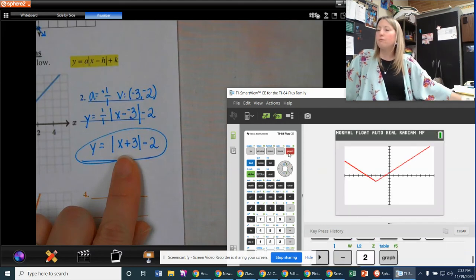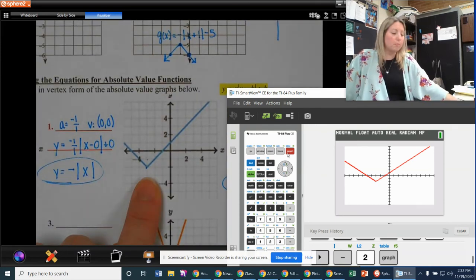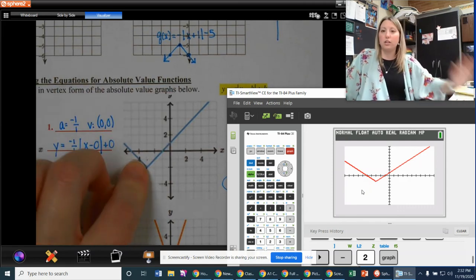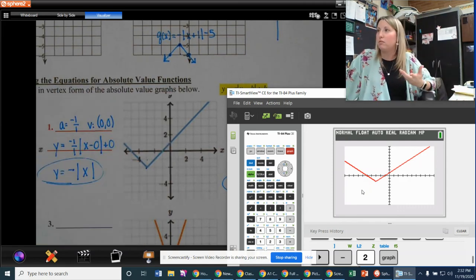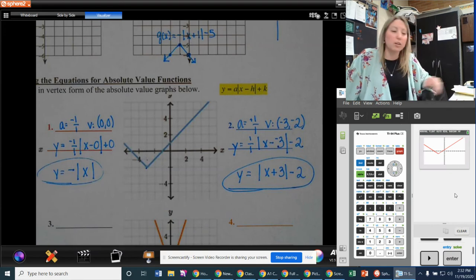And now you've got graph. Look at what this graph is, and look at what that graph is. And yep, that vertex, I know this is a smaller version. It's more zoomed into one side, but that's it. That's the function. So I just checked my answer using my graphing calculator.